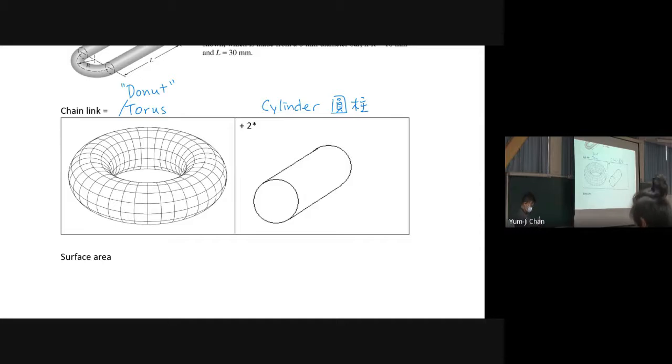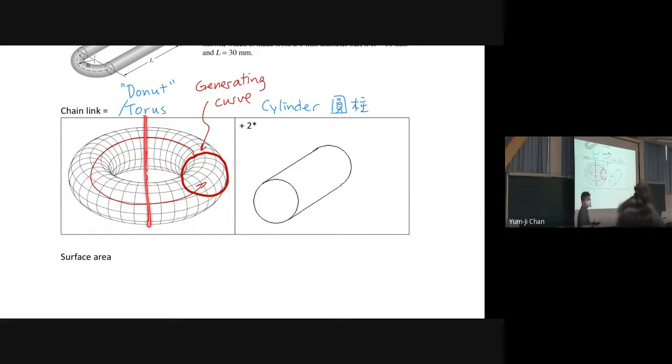For the torus, there is a generating curve here, and it rotates about this line, right?